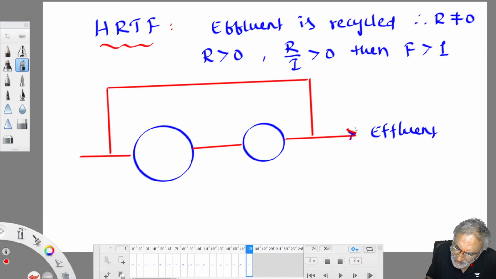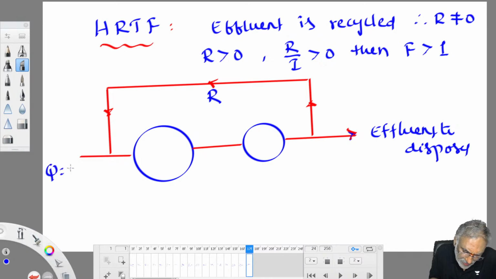This will go for disposal. A portion of this effluent is recycled back to the process and added with the influent. How much is recycled back? R amount. And what is the influent here? Q. Q is equal to I. Influent is nothing but flow rate only. So this is the trickling filter, secondary clarifier.